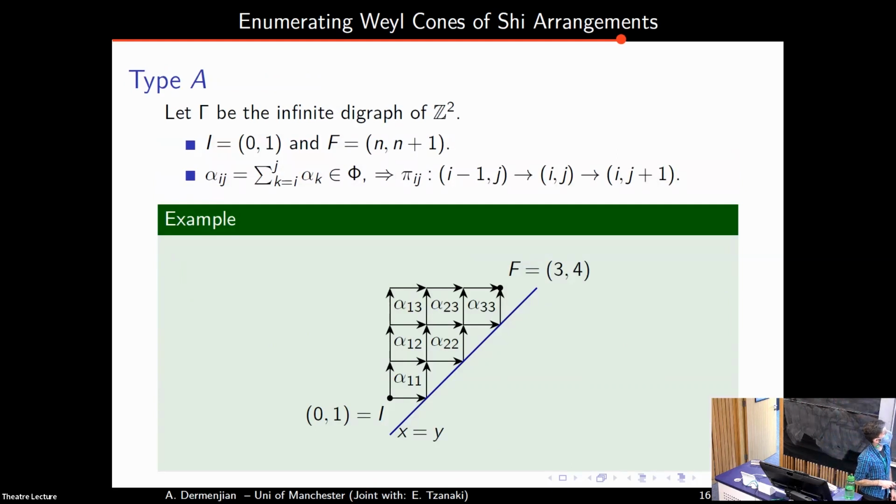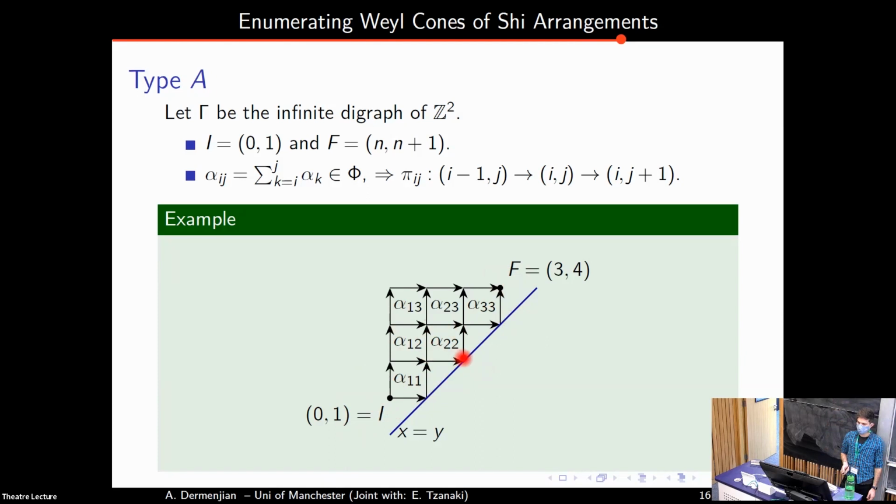So for type A, what we do is take our lattice paths and put them in a nice way so that it is always above the x equals y axis. So I have my starting point be (0, 1), my final point be as far as I need. And then I associate every corner to precisely the corner associated to the edges.